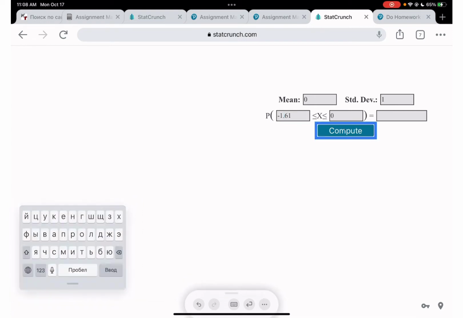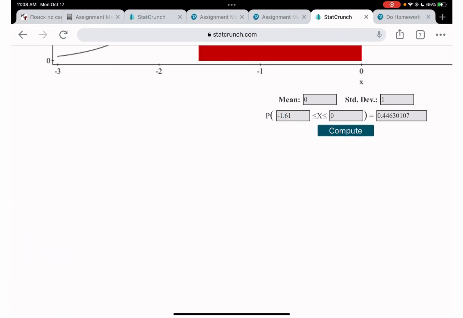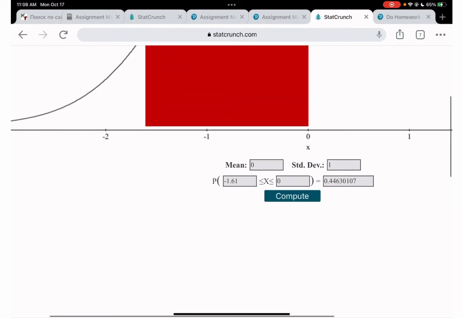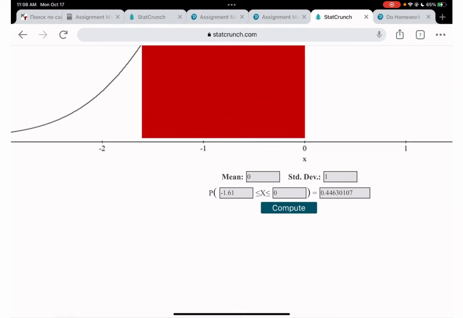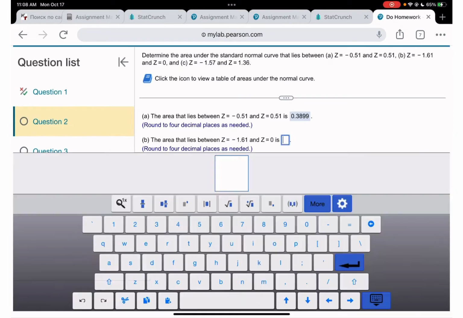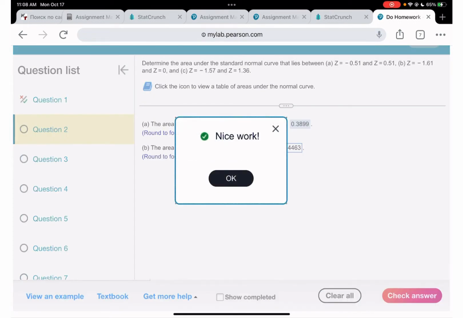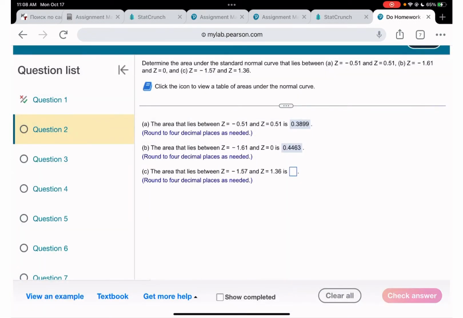Okay, and 0. And we are getting 0.4463. Good. So I'm not doing the rest. You can do it already. You know how to do it.